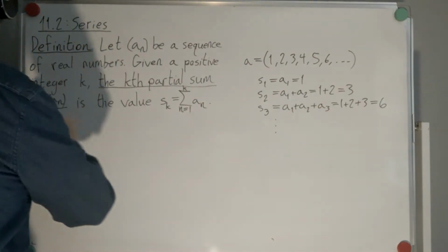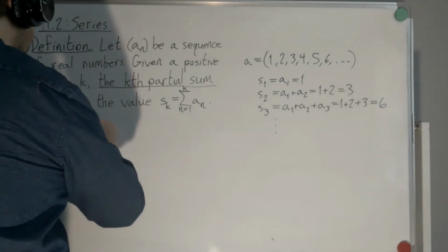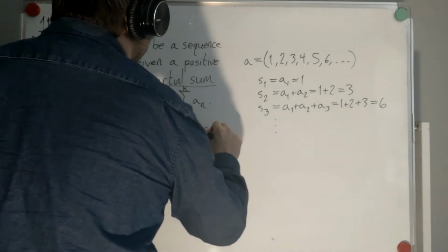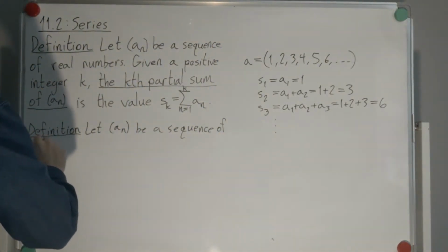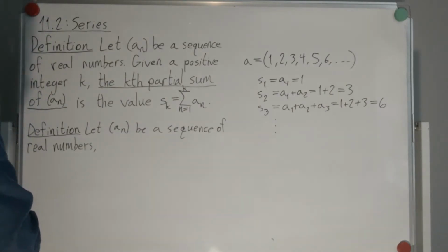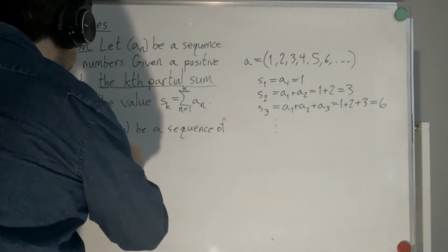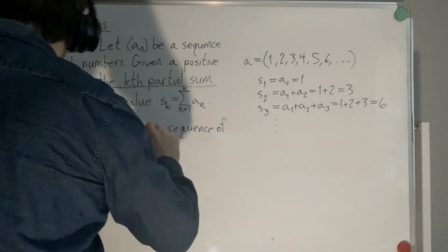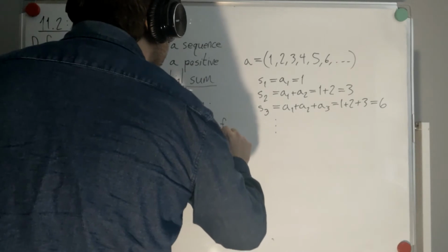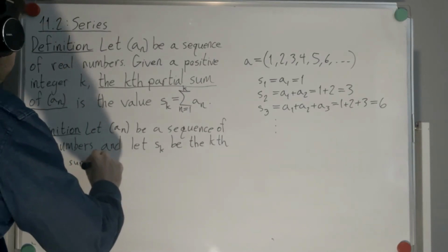So, let a_n be a sequence of real numbers, and let s_k be the kth partial sum of the sequence a_n.